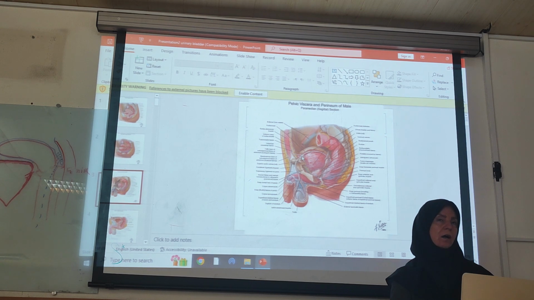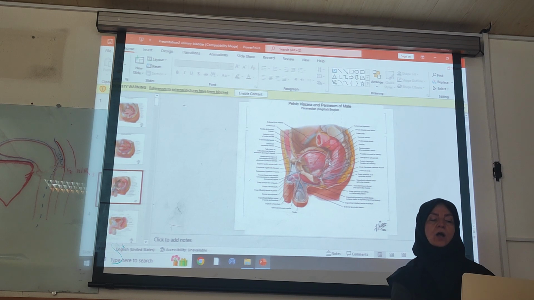Which item is going to be found in the deferens canal? Spermatozoa. Spermatozoa are found inside the deferens canal. This deferens canal goes posterior to the urinary bladder and joins the duct of the seminal vesicle. So, in the male sex, the reflection of the peritoneum, according to this picture, is visible here.